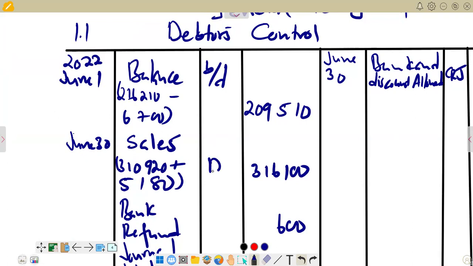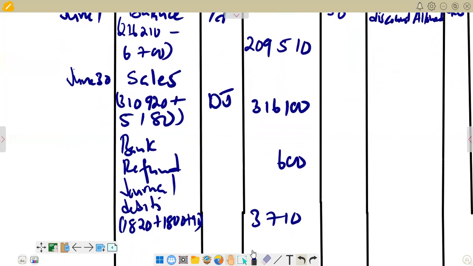So here, subsidiary books, debtors journal. Then we have got a bank refund. A bank refund obviously will come from the cash payment journal. And then we've got our journal debits. This is coming as corrections. So obviously they fall under the general journal. So this is what we have.